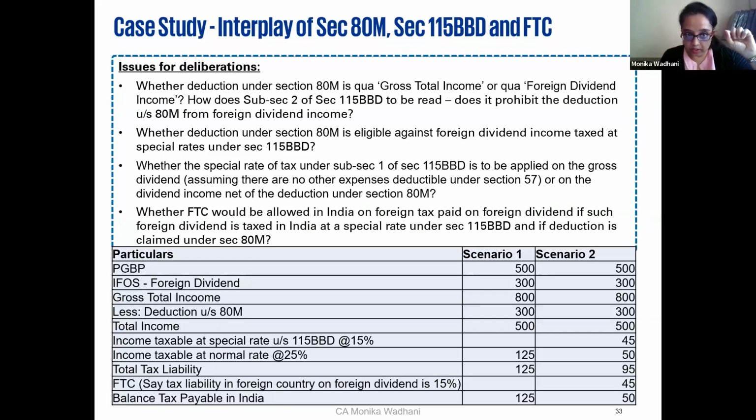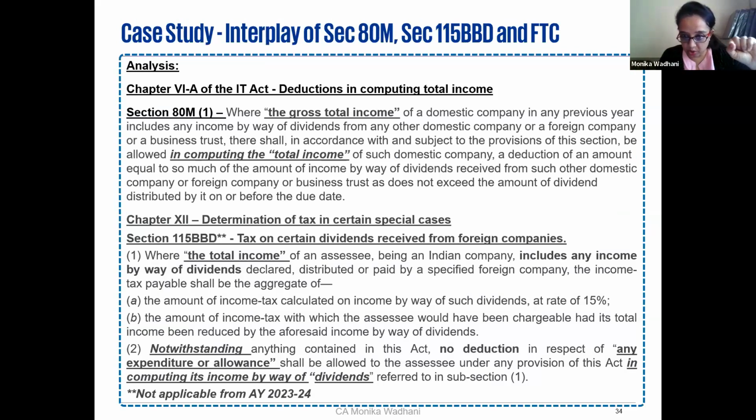So now, in light of this, we go back to each individual question. If we read the first question, part 2: how is subsection 2 of 115BBD to be read? Does it prohibit a deduction under 80M? So it says that no deduction shall be allowed in respect of any expenditure or allowance. Now, first of all, what is the context of subsection 2?